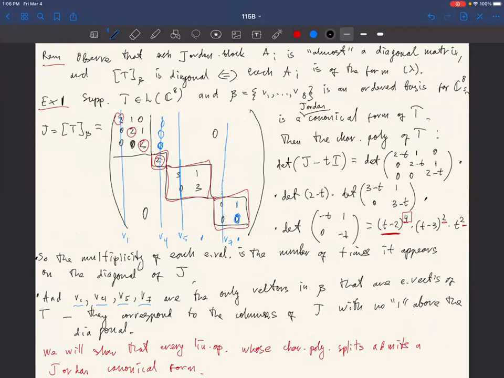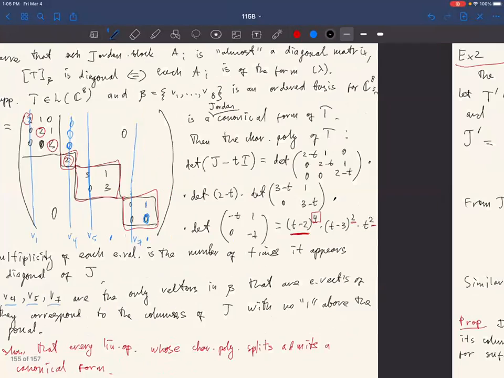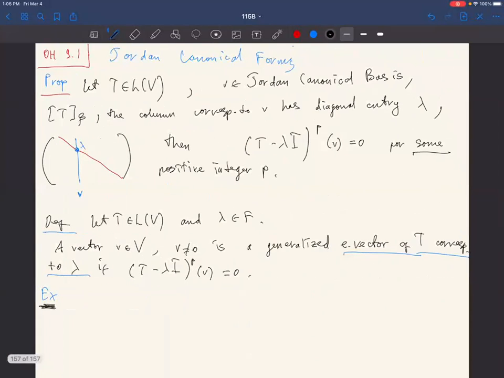So if we return to this example, what can we say about the generalized eigenvectors here? In this example, each vector in beta, the canonical basis for this operator, is a generalized eigenvector of T.